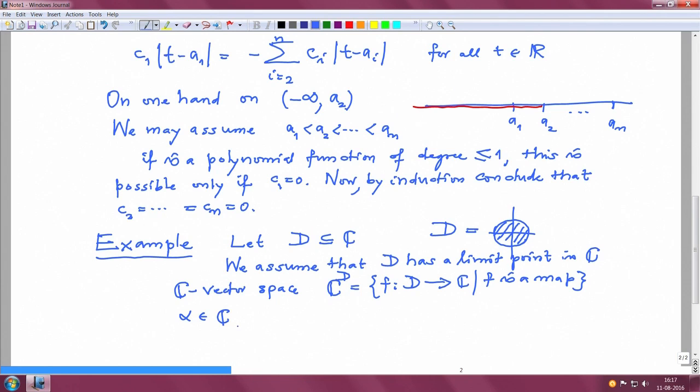We are looking at the function e power alpha z. See, this is defined from D to C. This is defined everywhere actually, but think of it as a function from D to C. z goes to e power alpha z, exponential alpha z, and I want to show you that these are linearly independent.